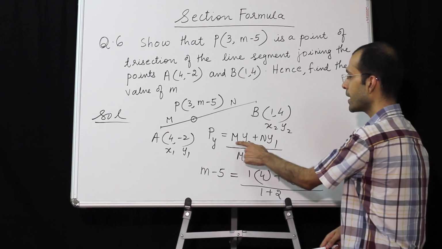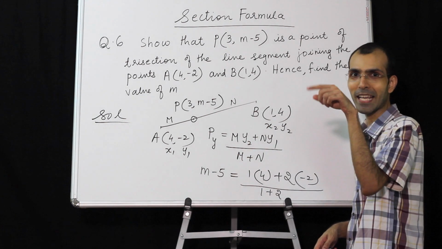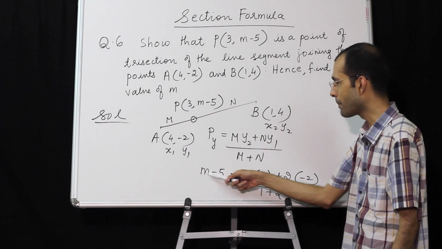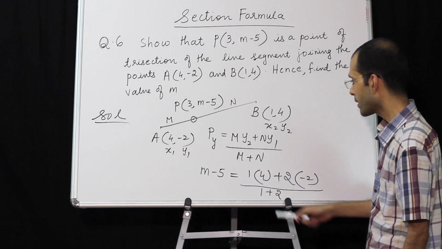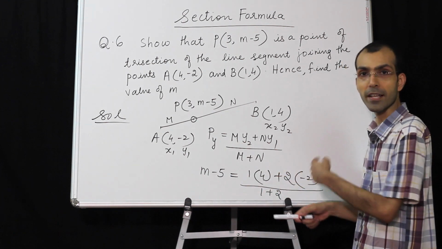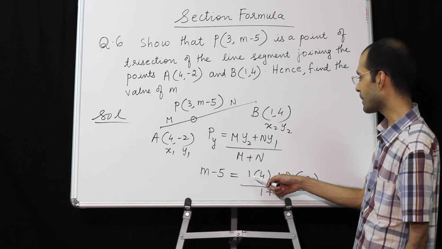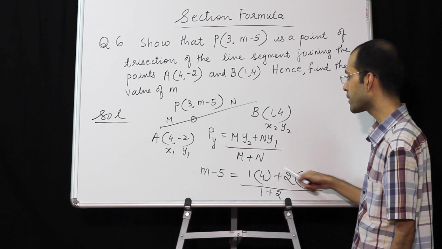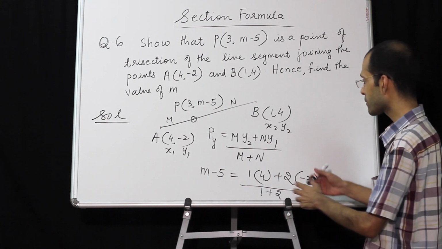Py will be My2 plus Ny1 upon M plus N. Remember to write capital for the ratio. What is Py? m minus 5. So below Py we write m minus 5 equals 1, because the ratio we found previously was 1 is to 2. So it is simple substitution: 1 into 4 plus 2 into minus 2, upon 1 plus 2. Now solve for m.